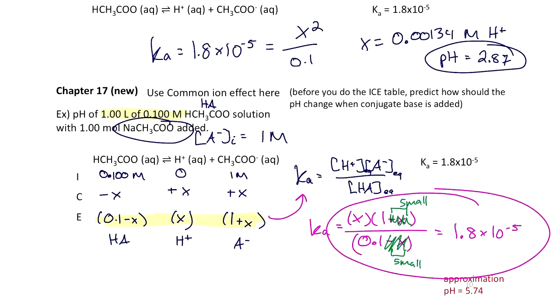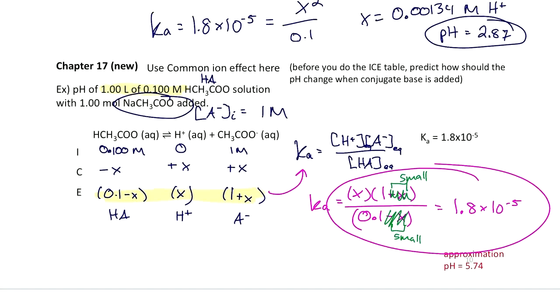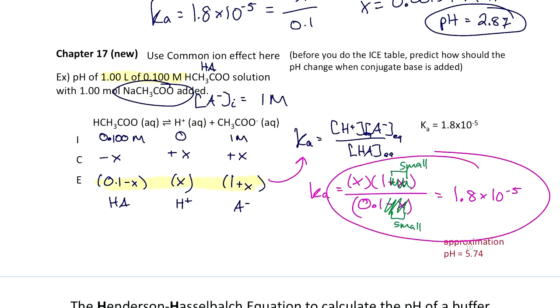So here, for a buffer, we're actually making 2 approximations. We're going to say both the plus and minus x are very small. And so this equation simplifies to x times 1 over 0.1 equals 1.8 times 10 to the negative 5. Does that look hard to solve? No, not at all. And so, yeah, go ahead and calculate.